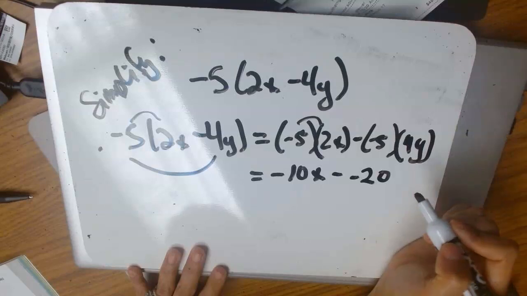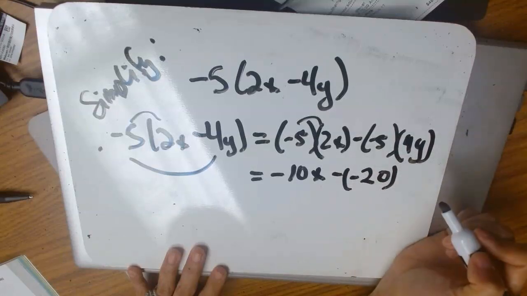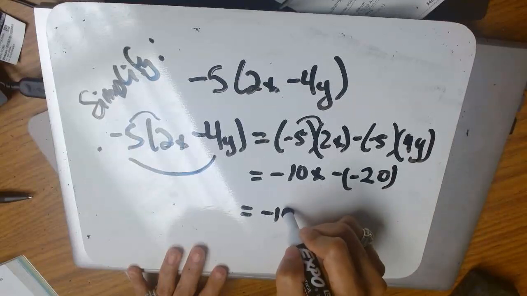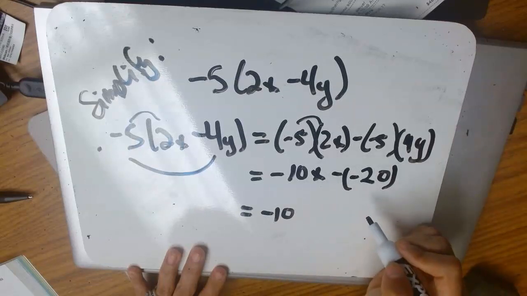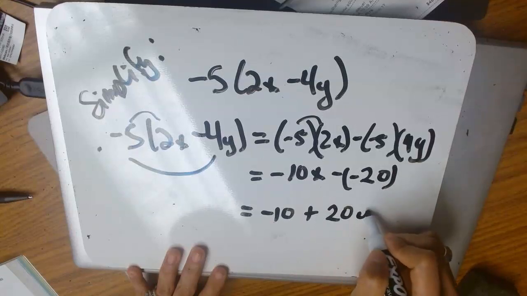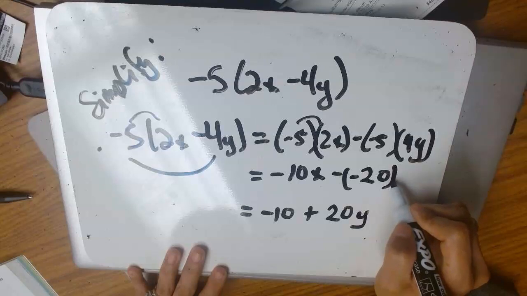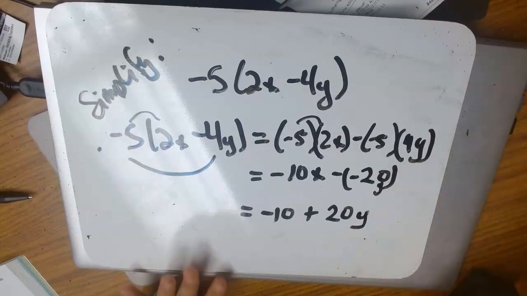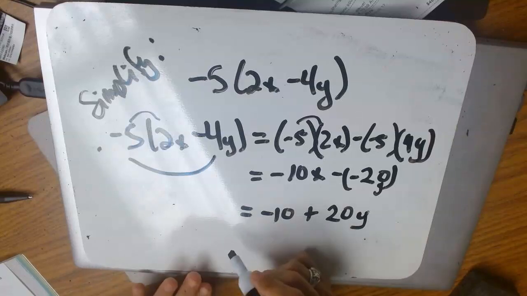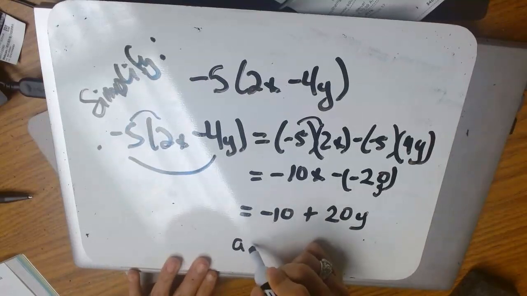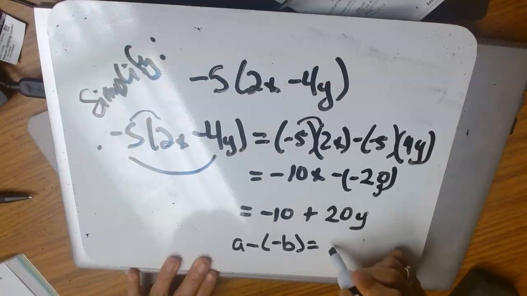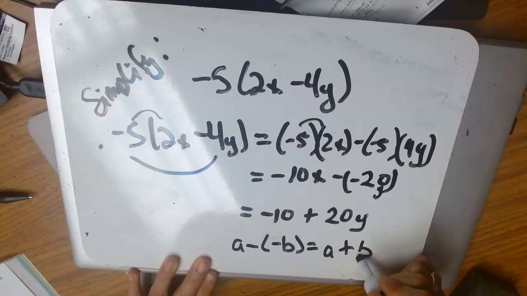It's negative. So now we're looking at negative 10, y, which I forgot to add the y here. You'll need to recall that a minus negative b equals a plus b.